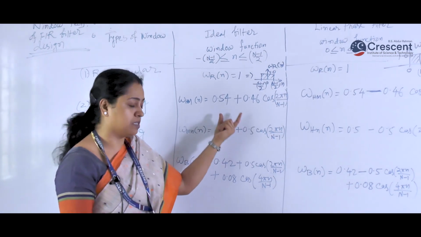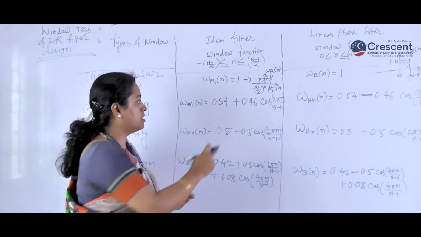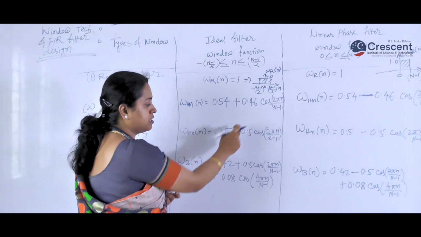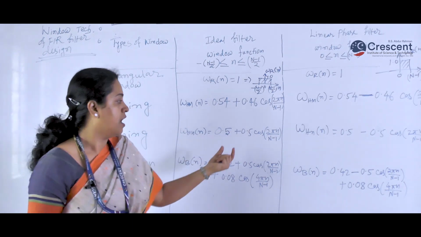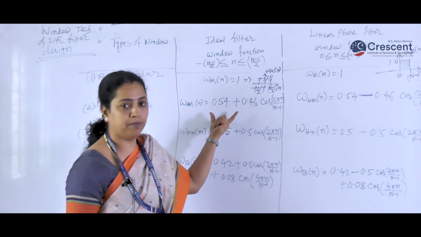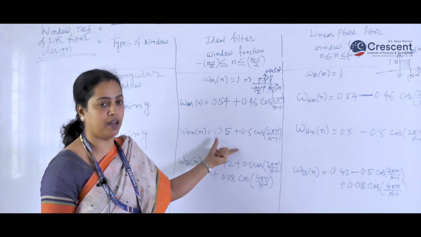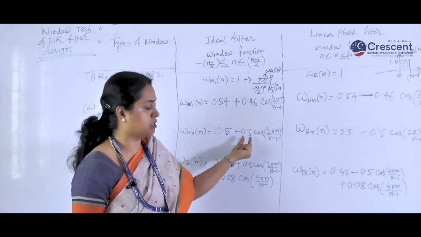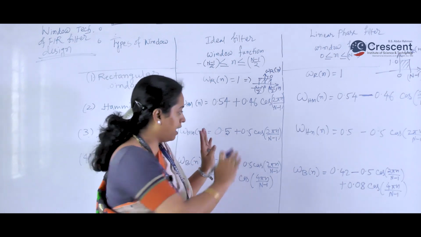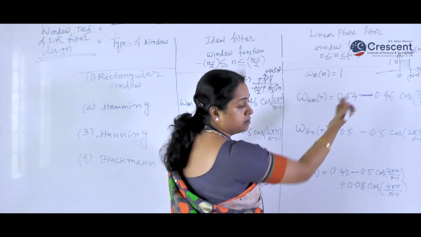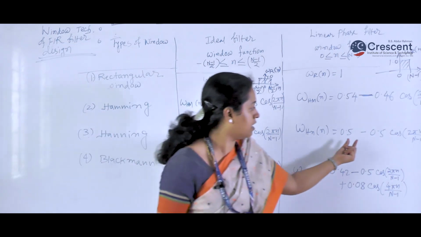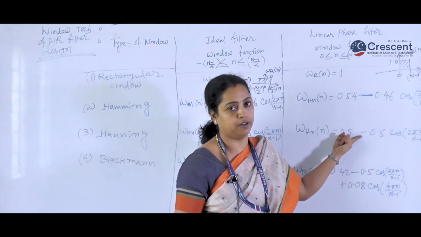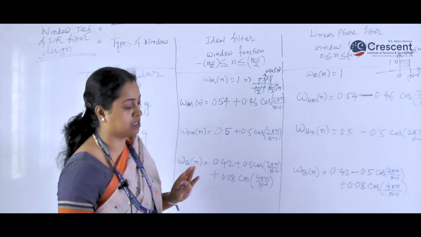It is much simpler than Hamming, because here we need to remember only these two things: both are 0.5, and the rest is the same. If you remember the Hamming window, Hanning is similar, only instead of 0.54 and 0.46, both become 0.5. Again, for ideal and linear phase, only the sign differs, the remaining things are constant.